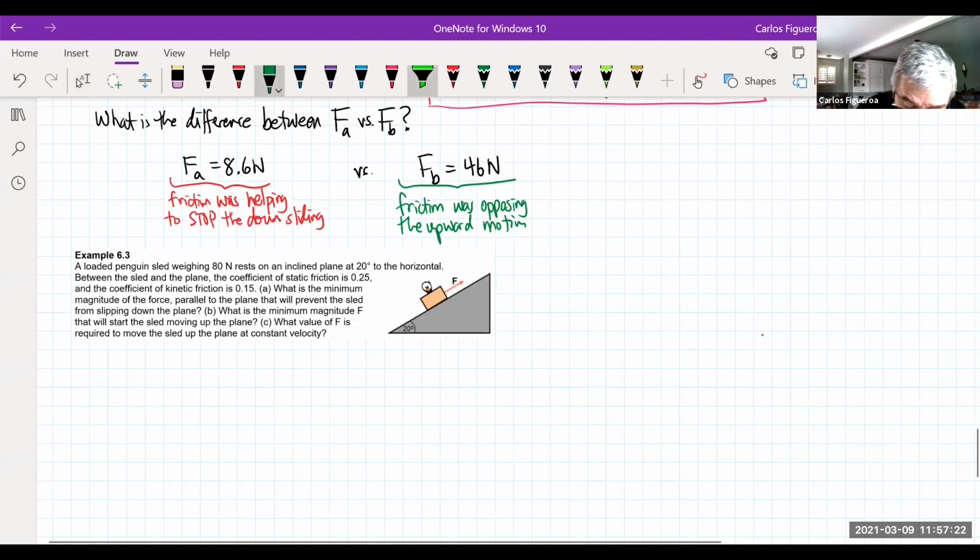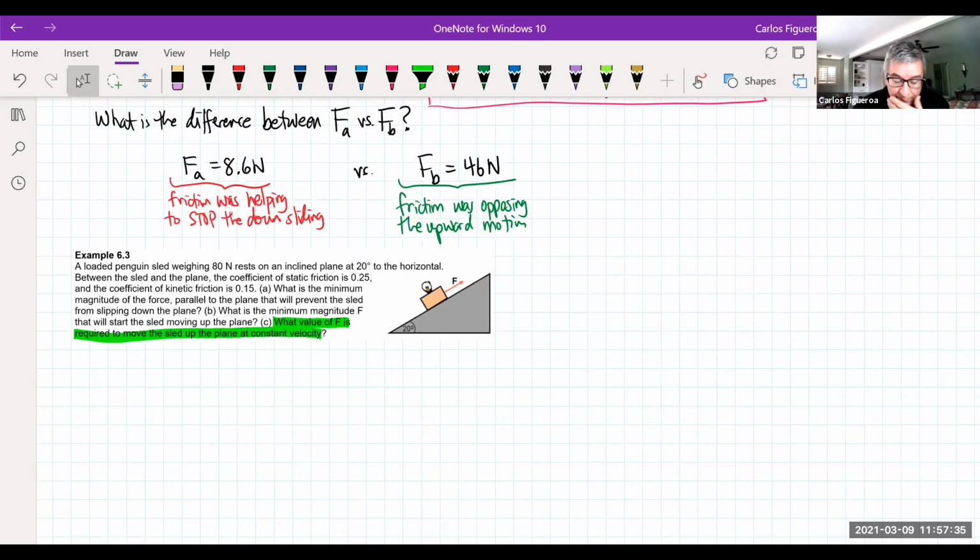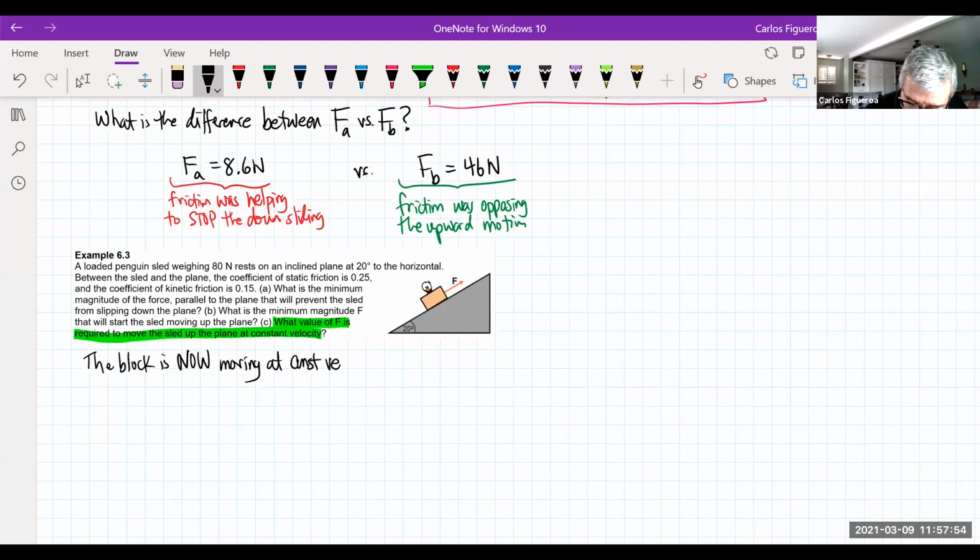So now look what's happening now. What value of F is required to move this thing at constant velocity? And so in this scenario here, what we have here is that the block is now moving at constant velocity.